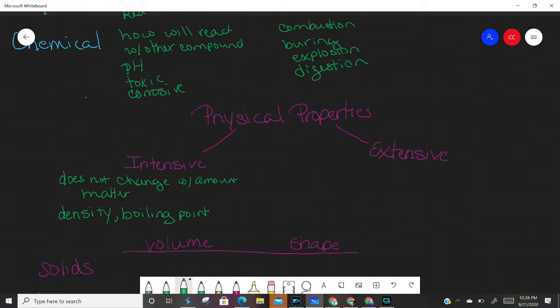Now, it may take more energy to get the larger mass up there, but they still have to reach that temperature. So that boiling point, it doesn't matter how much there is, it still has to be 100 degrees Celsius before it will boil. So extensive does matter, or it changes as the amount changes.